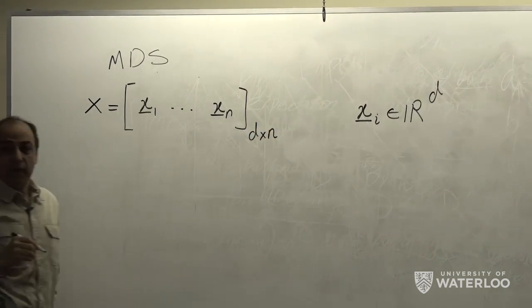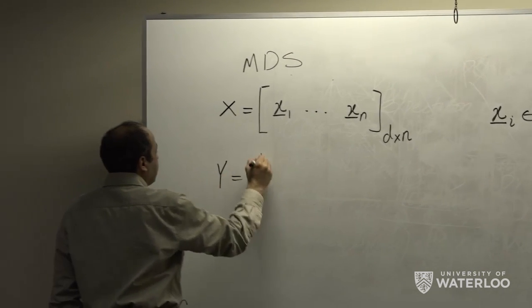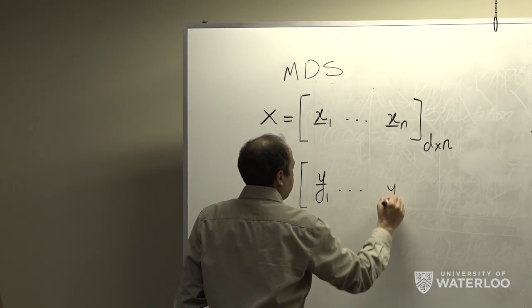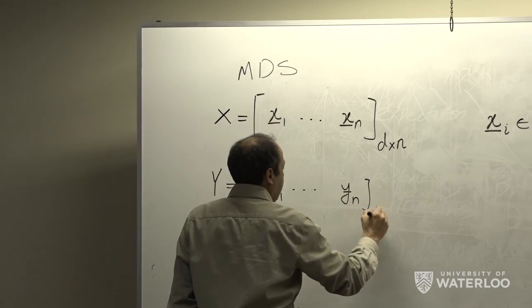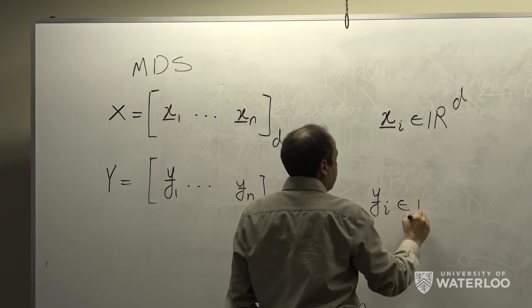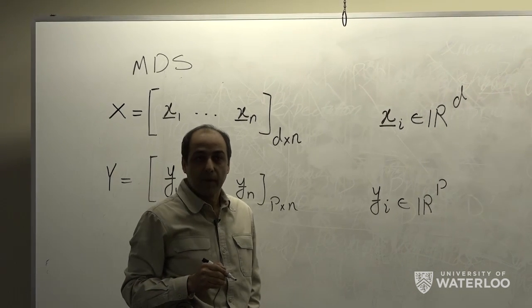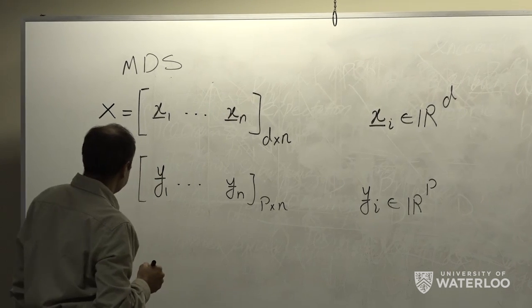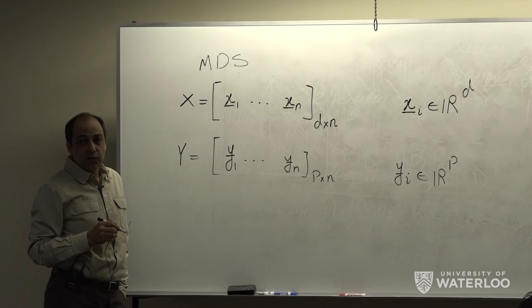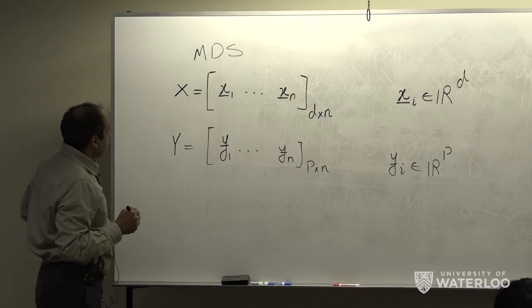I can represent them in a matrix of d by n. And the goal was to map them in lower dimensional space, in p-dimensional space.